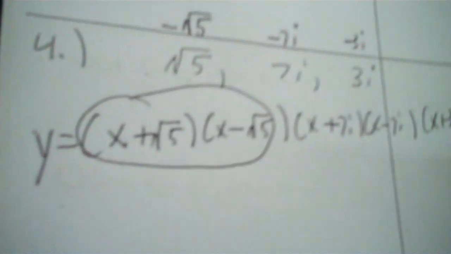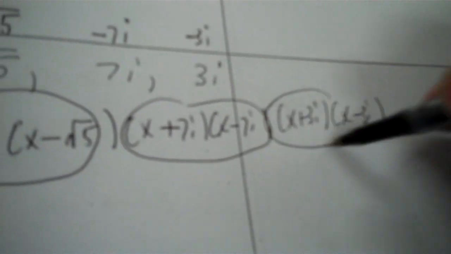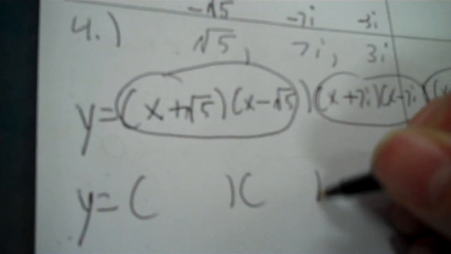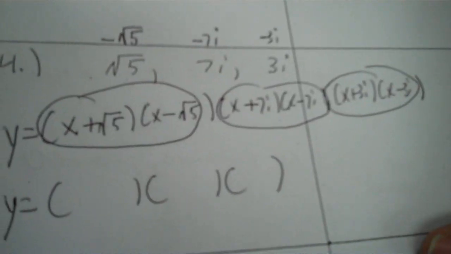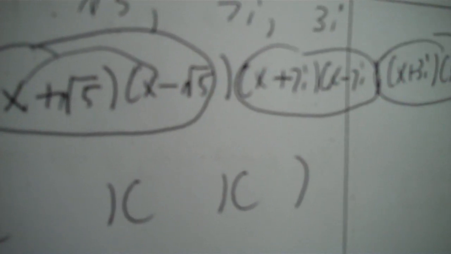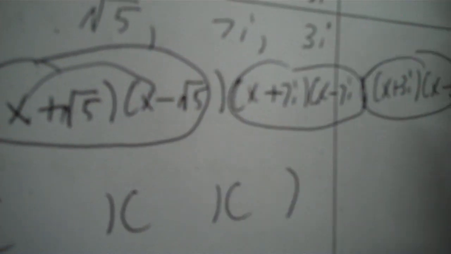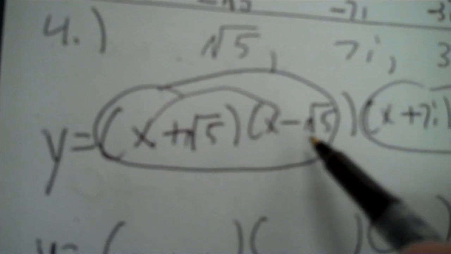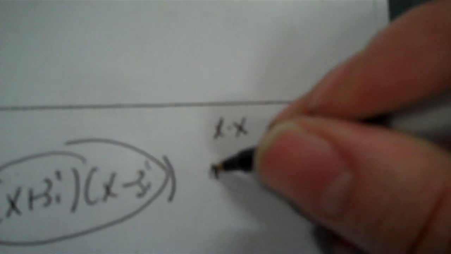Now you got a whole lot of cleaning up to do. We need that multiplied, and that multiplied. So in the end, we're going to end up with 3 factors. Okay, so x times, remember, it's FOIL, but you skip the middle two products, because they just cancel. So x times x, and then square root of 5 times negative square root of 5.